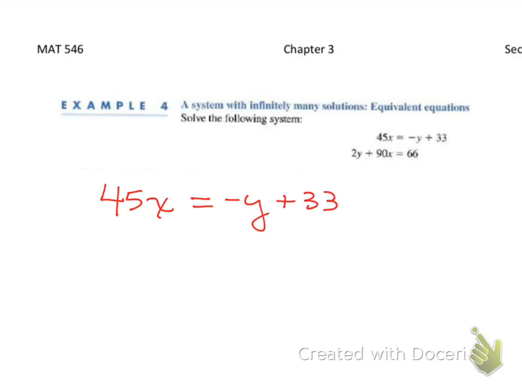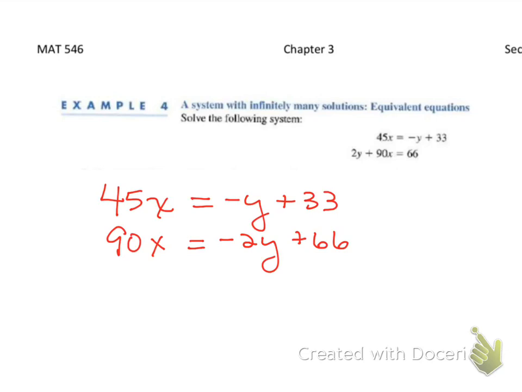For the next one, I'm going to move that to y. So I'm going to keep this as 90x equals minus 2y and then plus 66. Okay, do you see that?